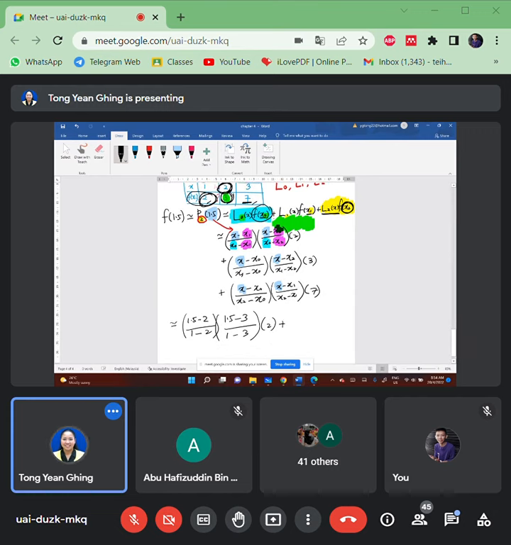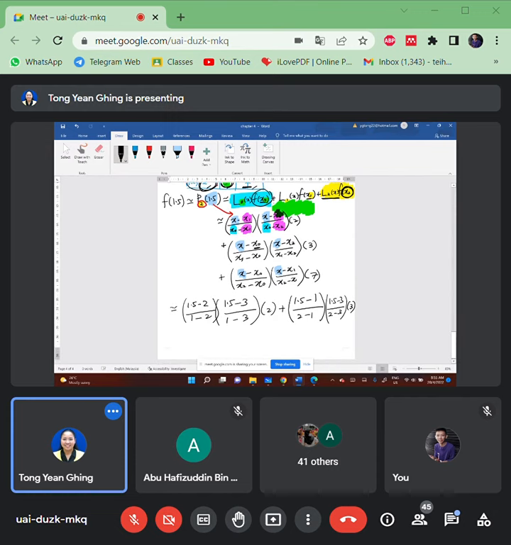Add more. So this one, X is 1.5 minus X0, 1, right? So X1 is 2. 2 minus 1. Times with 1.5 minus 2 minus 3. This is 3. Times with 3. Add more.